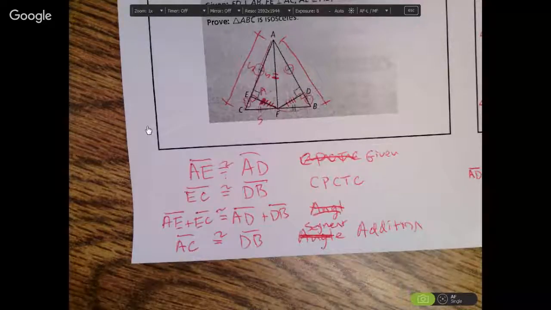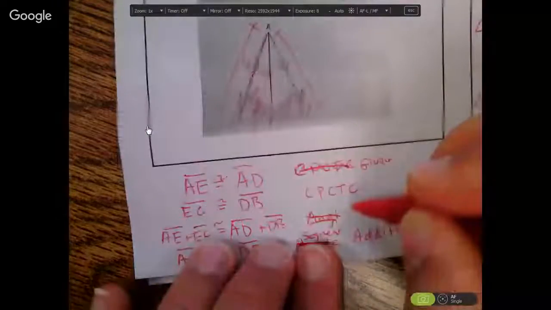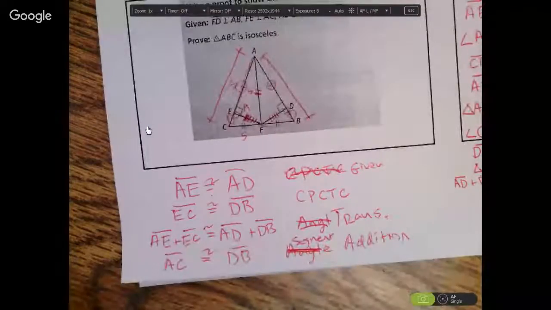I got A equals B, but then B equals C. That means that A has to have a C. Transitive is if A equals B, B equals C, then A equals C. So if we have something and another thing and we put them together. Honestly, on that statement, I would accept transitive. I think I would accept segment addition. You might get away with that.